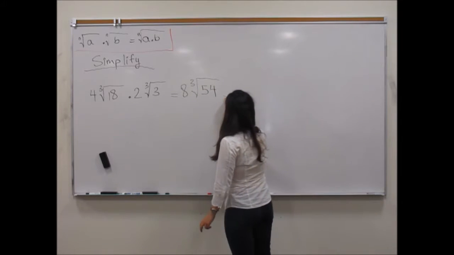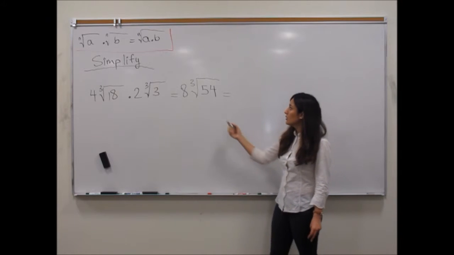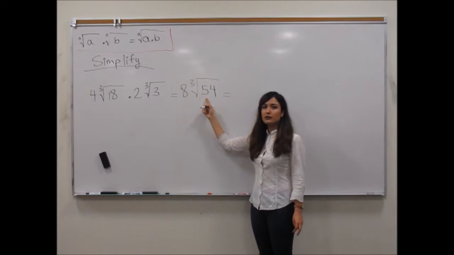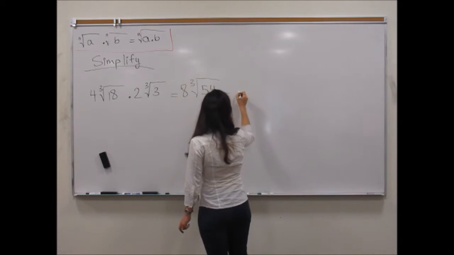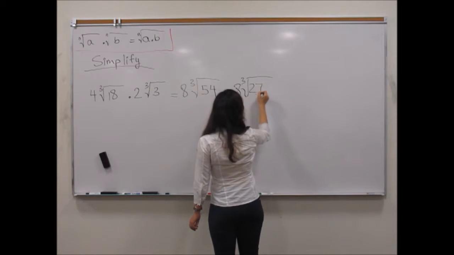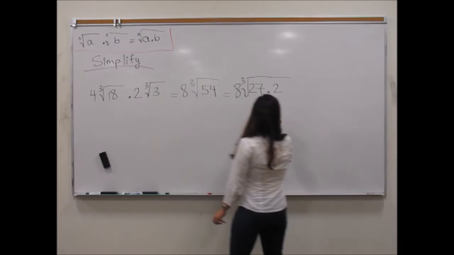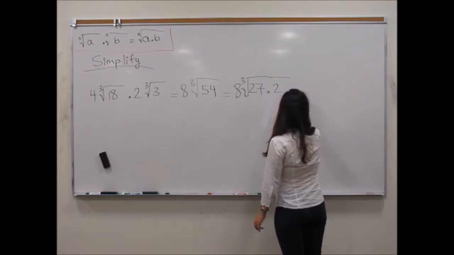And right now, I have to simplify. To simplify this cube root, I can rewrite 54 as 27 and 2. So this is 8 times cube root of 27 and 2. And then I can break down this radical.